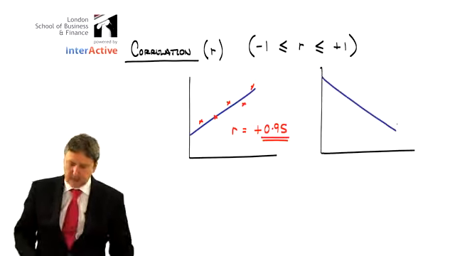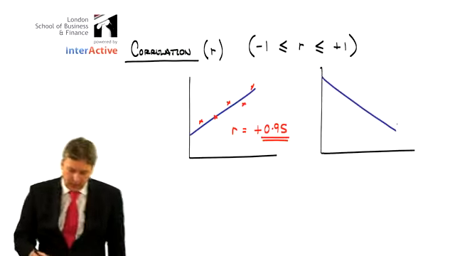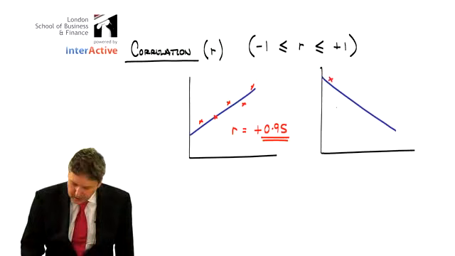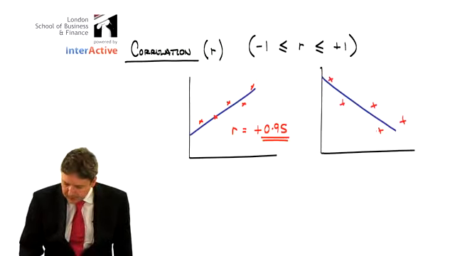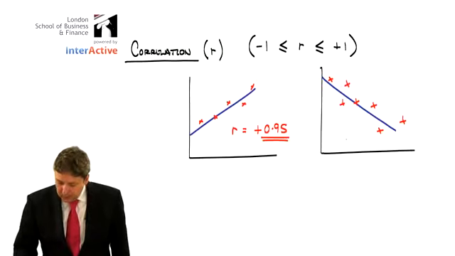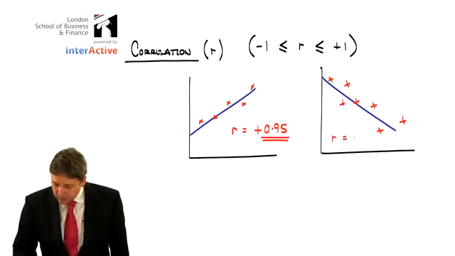And if we extend this just a little bit further, there's our line of best fit as an inverse relationship. And let's just suggest that the data is a little bit further from the line. Remember, these are sketches and no more. Maybe here we would have a value of r equals minus 0.8.